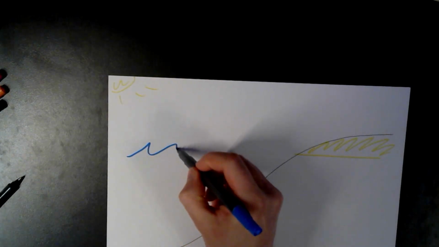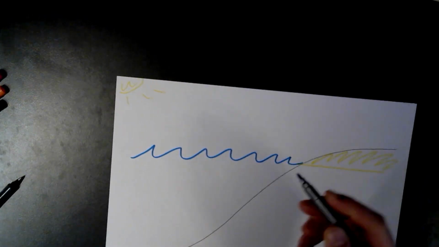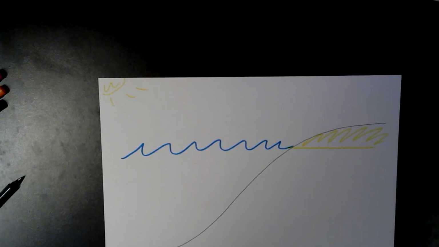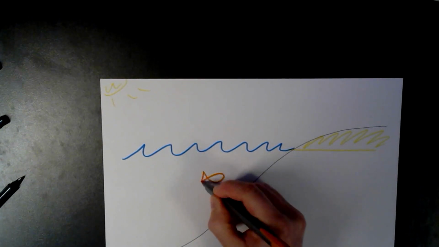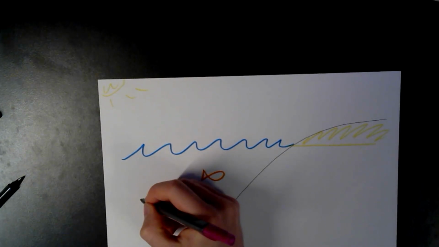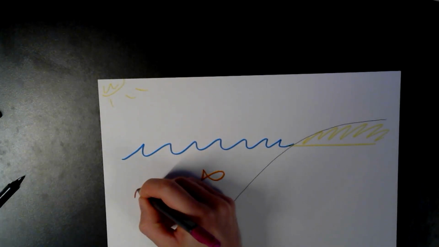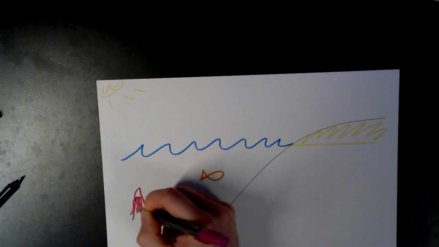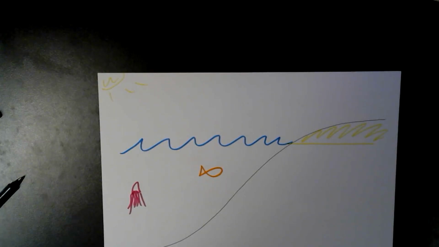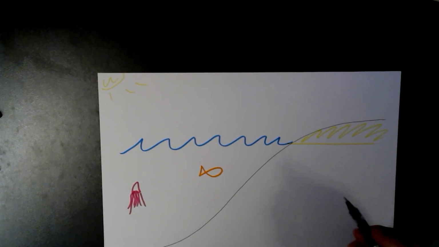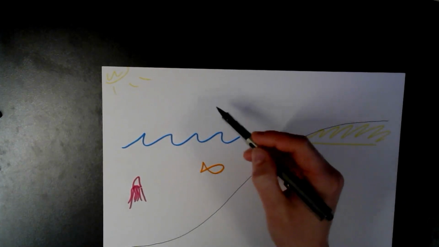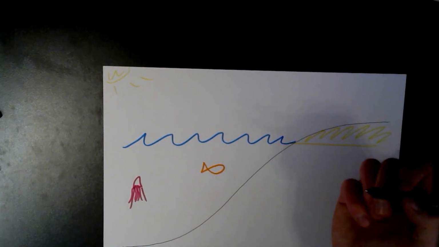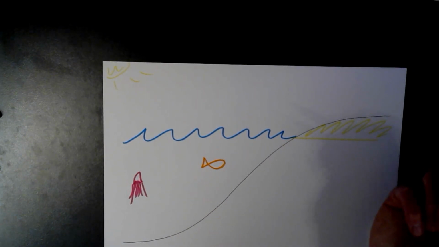We'll draw them on to meet up with the beach. Maybe draw a nice little fish or two, some goldfish, and an octopus or a jellyfish. Let's test the artistic skills here. There we go. So what we did was we looked at a deep sea diver who went underneath the water, and we measured their depth below sea level.